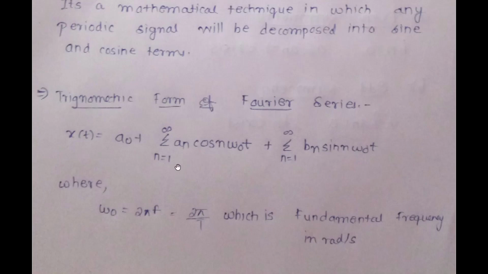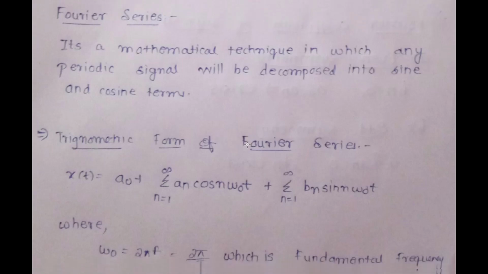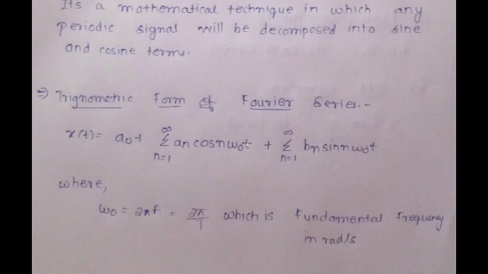Hence, a Fourier series is nothing else than a mathematical technique in which a periodic signal x of t can be decomposed into a constant value and sine and cosine terms, wherein n goes from 1 to infinity, and omega naught is 2 pi f, where f is the fundamental frequency.